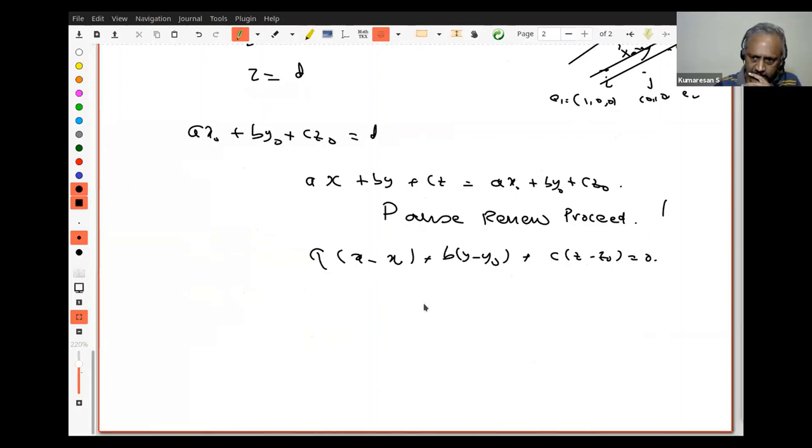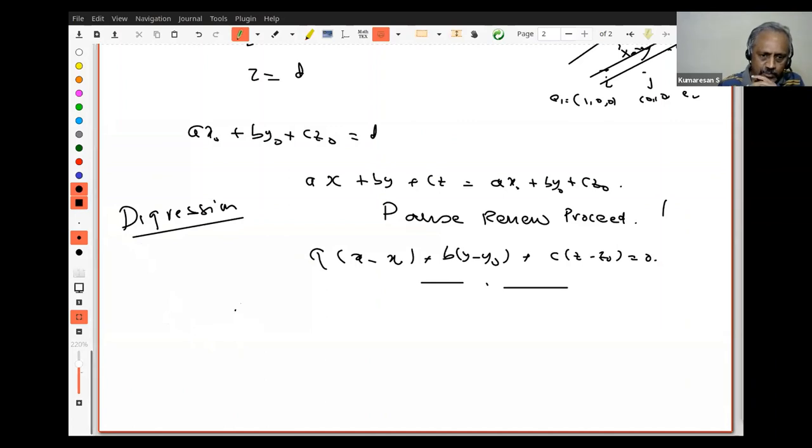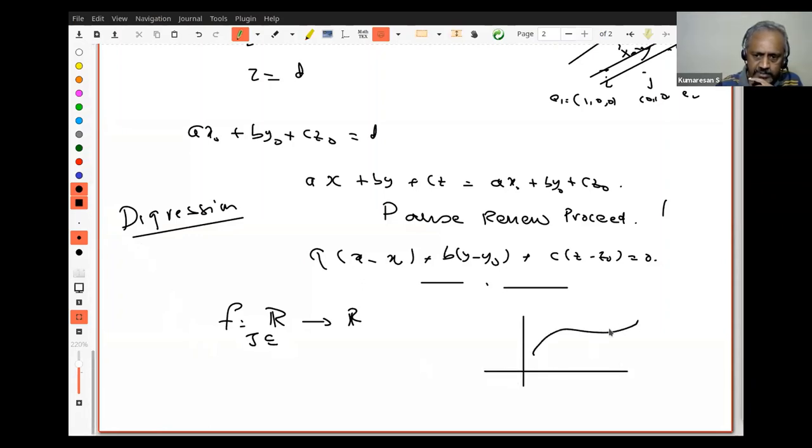Right? Now comes the next thing. Do you remember? This is the digression. I am going back to differentiation now. Now let's look at the one variable case, f from R to R, maybe on some interval if you want. If I draw the graph of this, then start with the point a here, and this is a comma f of a.